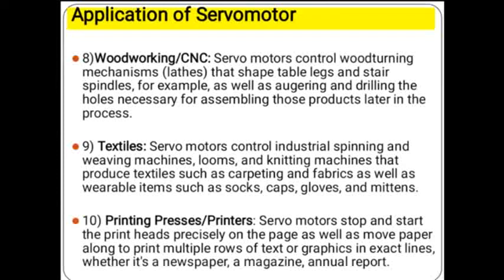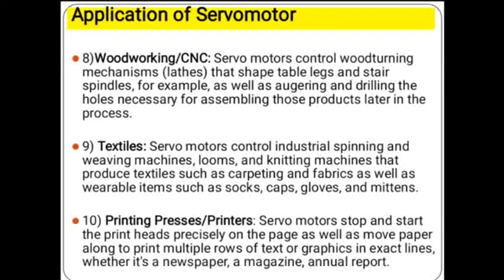The next one is textile. In textile, the servo motor controls industrial spinning and weaving machines, looms and knitting machines that produce textiles such as carpeting and fabrics, as well as wearable items such as socks, caps, gloves and mittens.